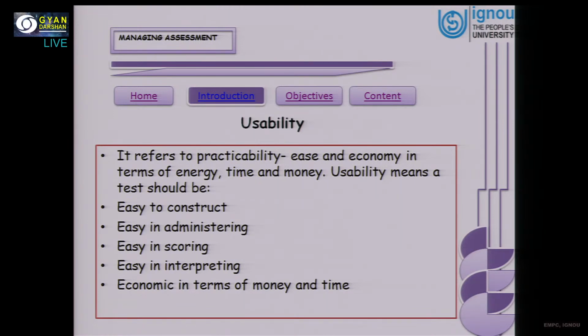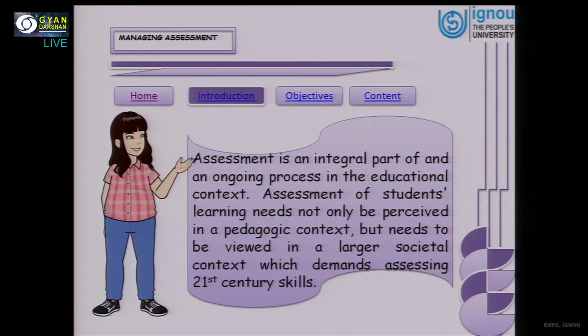So when we prepare the question paper, we have to think whether it is apt for the particular level, the particular location, and the time. It is an important aspect whether the time is taken into consideration, and then the money. We cannot spend a lot of money for the construction of a particular test. So here we can see the important thing that we have seen in the case of assessment.